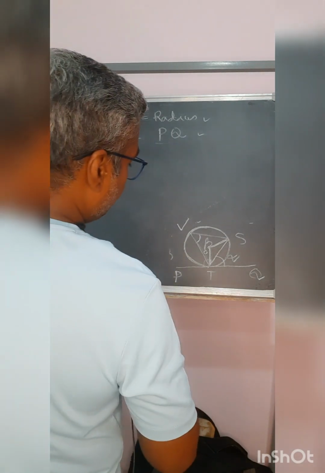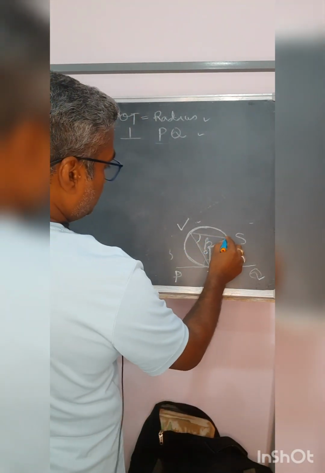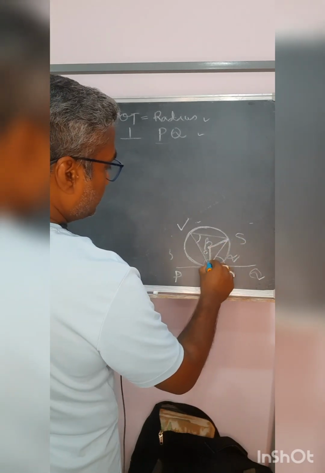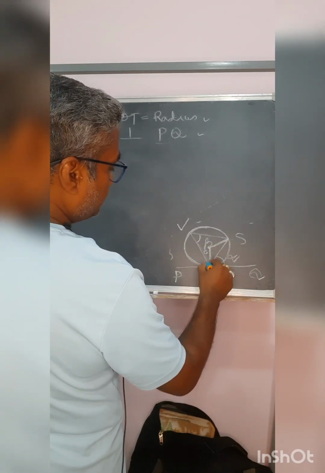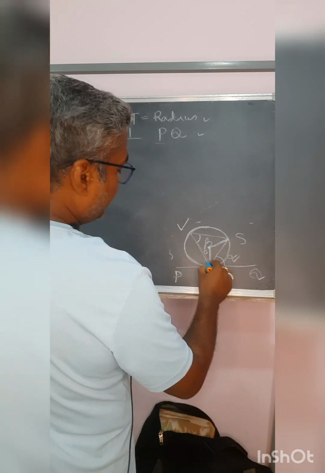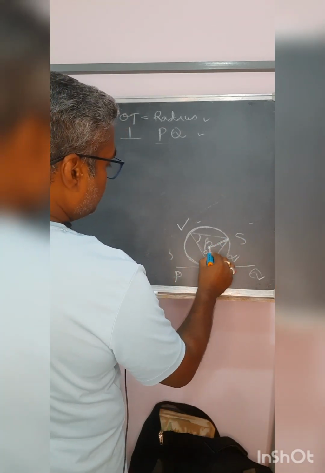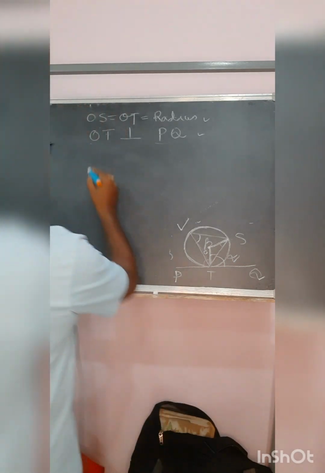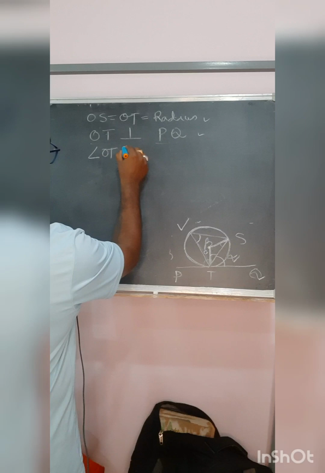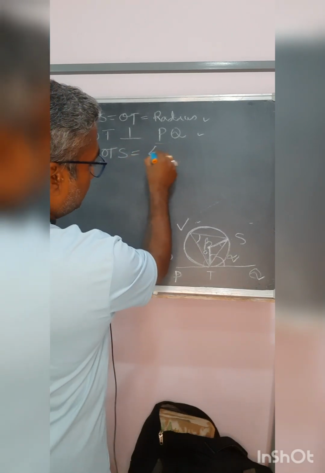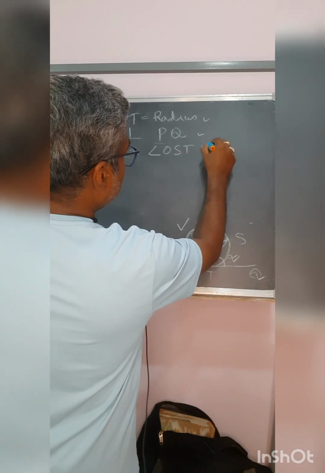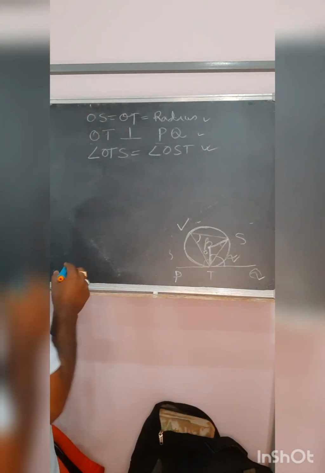Now if I concentrate on this triangle, these are two equal arms, so this is an isosceles triangle. So the base angles are the same, that is, angle OTS is equal to angle OST.